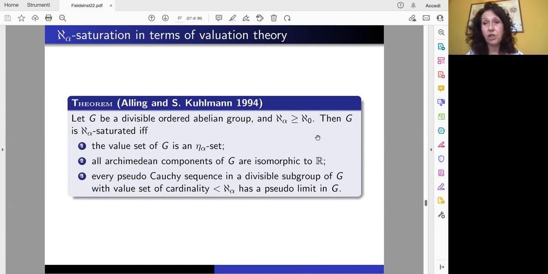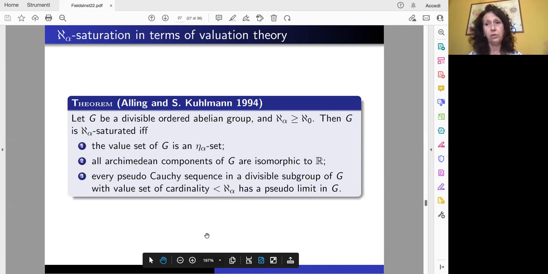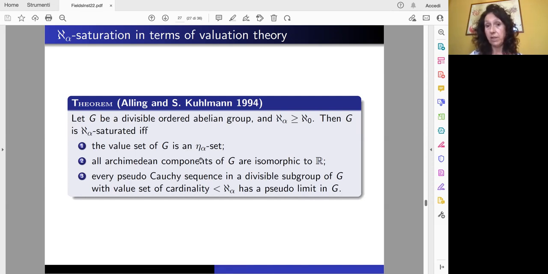Then, according to how the realization in the extension is related to the starting ordered abelian group, we use the three properties. This is roughly the idea.